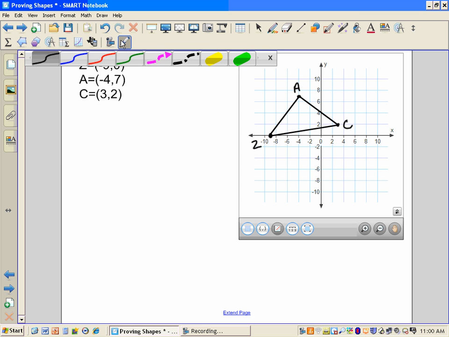Now, what we want to think about is, okay, what shape is this? Well, clearly it's a triangle. And you've been saying things like that since kindergarten. But we want to know what kind of a triangle. Is this a special kind of triangle?